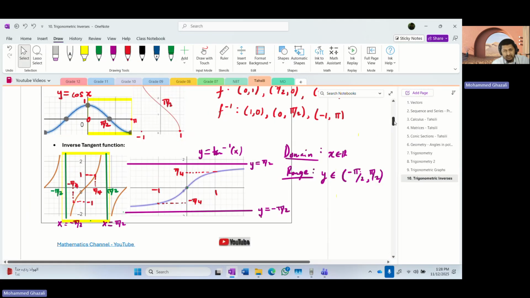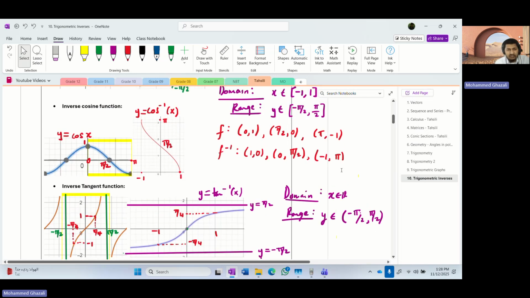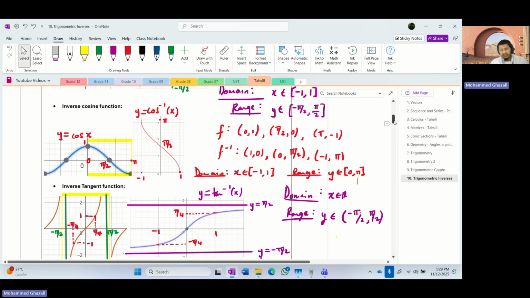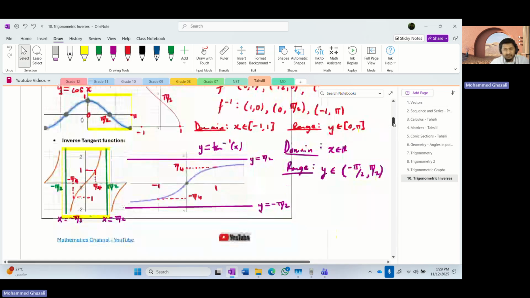Let's work out the domain and range for this as well. The cos inverse. The domain, x values, is from negative 1 to 1. And the range is from 0 to pi. Right. So these are the three main types of inverse functions.